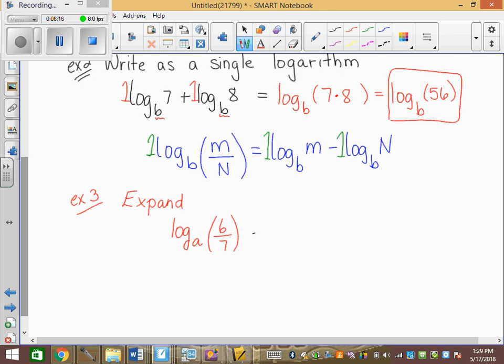So we're going to get plus 1, technically. Do we have to write plus 1? No. I'm going to put it there anyway, just to prove a point. Plus 1 log base A of 6, and then the 7's in the denominator, so I'm going to write it as minus 1 log base A of 7. Okay?